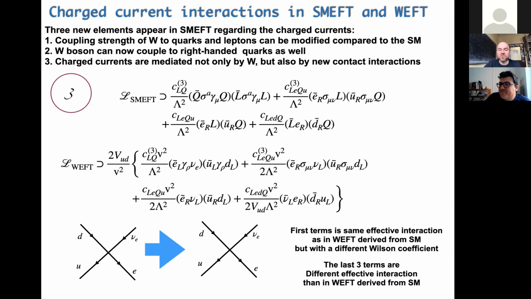Some of them lead to the same structure as in the standard model, so left-handed leptons, left-handed quarks. But some of them lead to completely different tensor structures, like there are tensor interactions and there are scalar kinds of interactions.